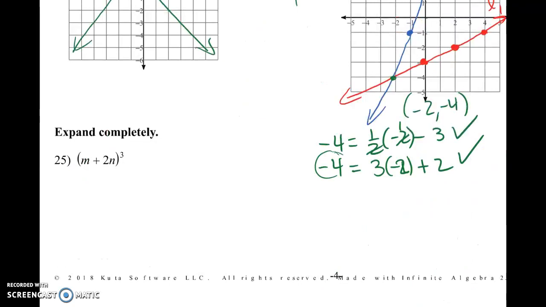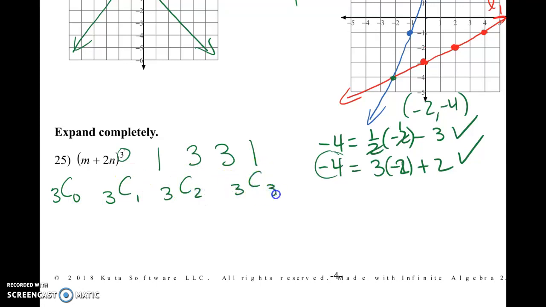All right, the last question is to expand completely. And if you recall Pascal's triangle, the third row is 1, 3, 3, 1. Or if you have Valdez, which most of you guys do watching this video, we're going to do 3 choose 0, 3 choose 1, 3 choose 2, and 3 choose 3 to find our coefficients. And when we do that, we get the numbers 1, 3, 3, and 1.